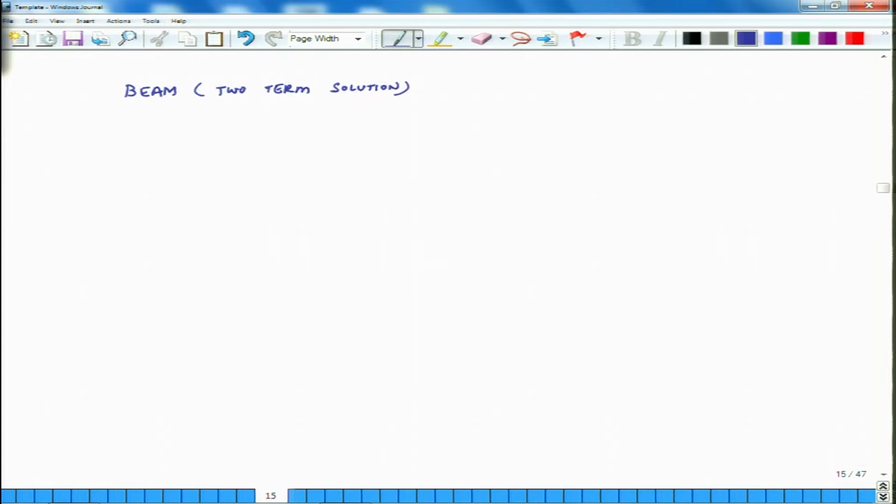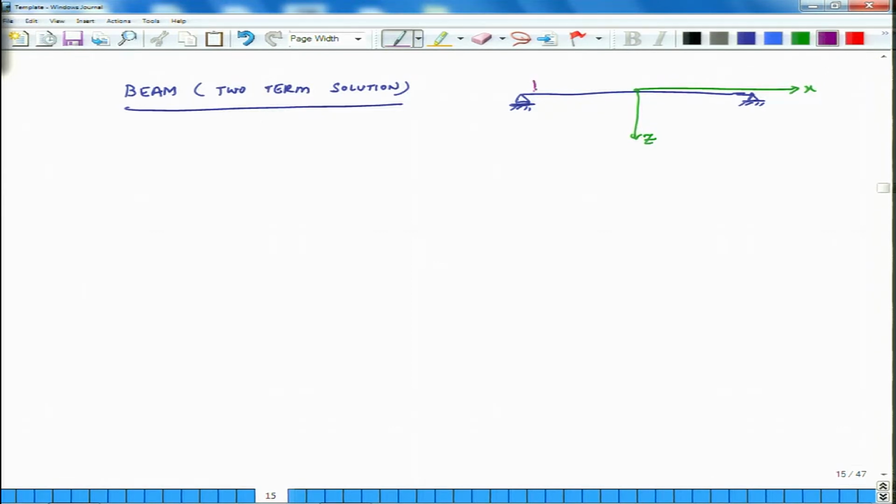So we will generate a two-term solution, and once again the beam is simply supported on both sides. The beam axis is at the center. So this is my x axis, this is my z axis, and I am interested in finding out the deflections for the beam.